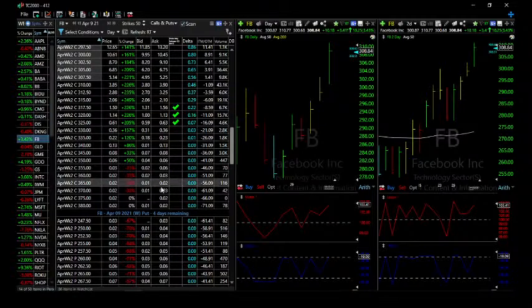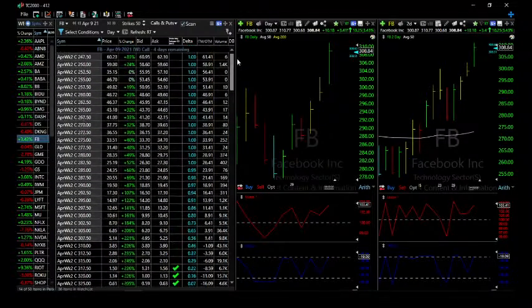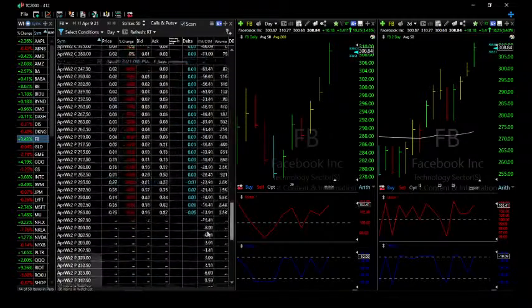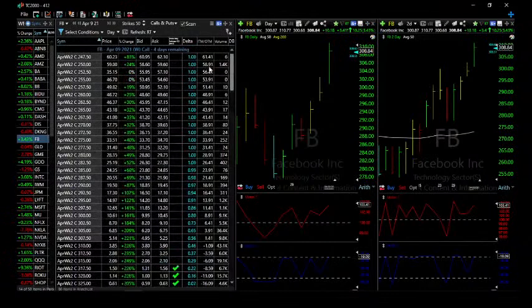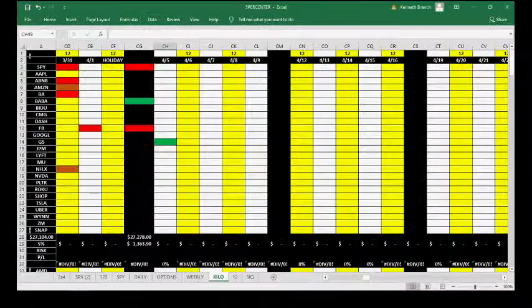Okay, so tomorrow we'll do it again. I'll probably have some trades that I feel comfortable with. And when I do have these trades, I'll put them on the spreadsheet here. The reason why I do this is because I never want to go above my 5% risk for the week.